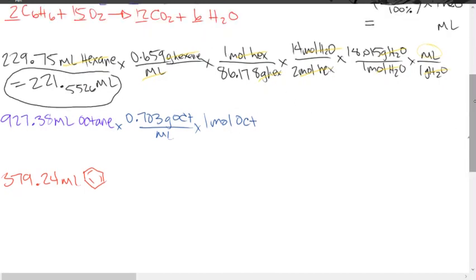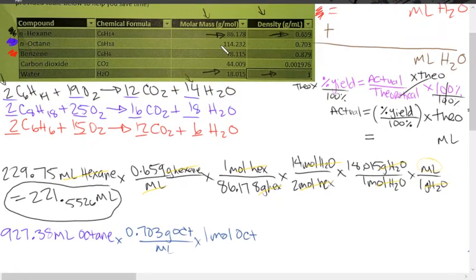Gosh dang it. Scroll up. Okay, so that's where I got the density from. That's where I'm going to pull the molar mass from. 1 mole of octane is 114.232 grams of octane times, for every 2 moles of octane, you can tell where I'm getting the formulas from.